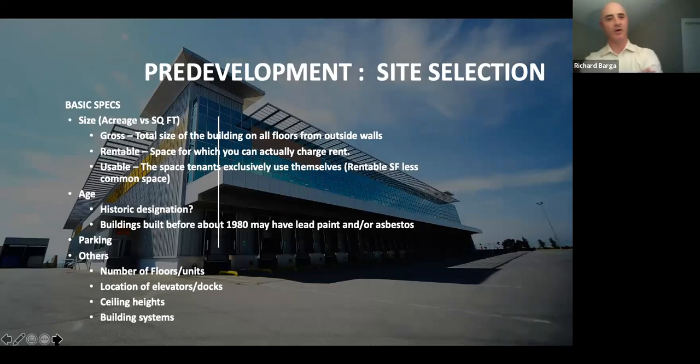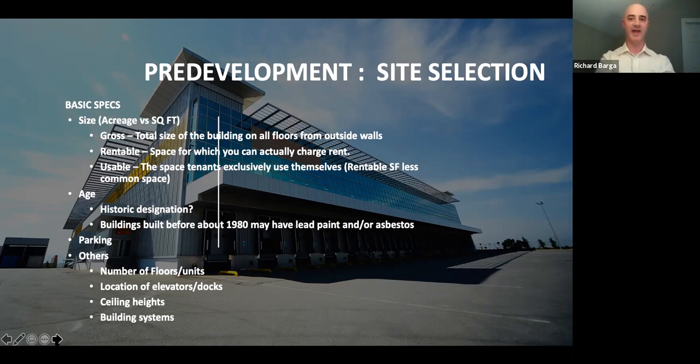So, thinking about a building, if you were considering purchasing it, you want to know your basic specs on the building. We think about size, how big is a building, but actually buildings are classified by a number of different aspects that cut down on the amount of space that can be used. When you think about the gross square footage, you are talking about the total size of the entire building.